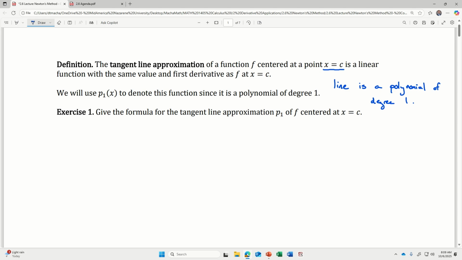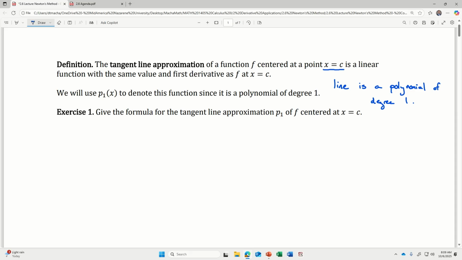This notation would only become important in Calculus 2, because there we will also talk about second degree polynomials that approximate my function and third degree polynomials that approximate my function. We would use different subscripts to tell me what degree of approximation I'm using. But for today, and for Calculus 1, we're just going to use first degree polynomials. So we'll use little p1 to represent my tangent line.